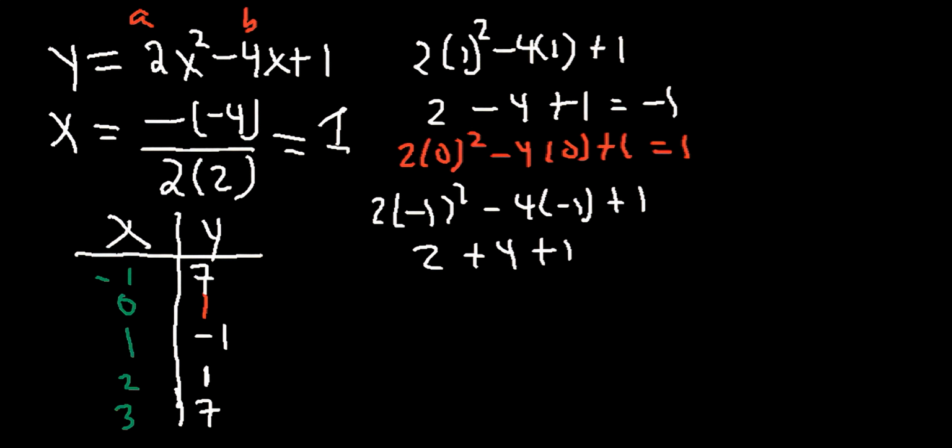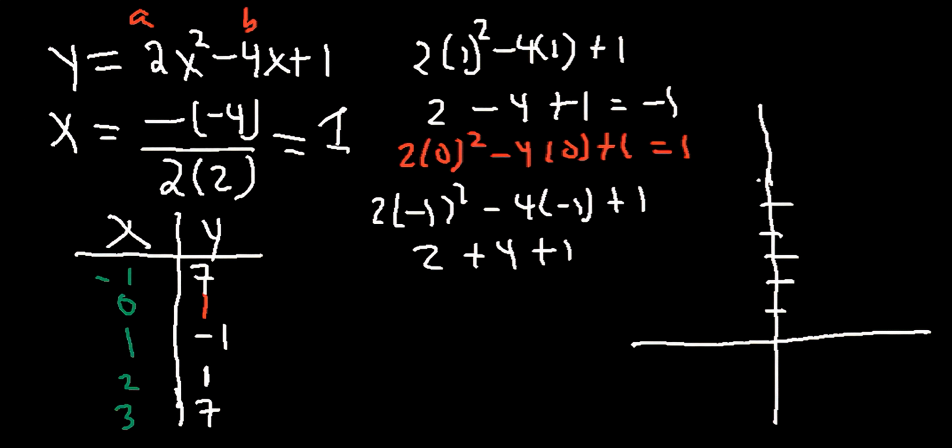Okay, so now let's make our graph. So it's going to go up to at least 7. And most of our x values will be on the right side. So our vertex is at 1, -1, which is over here. Our next point is at 0, 1. And we have another one at 2, 1.